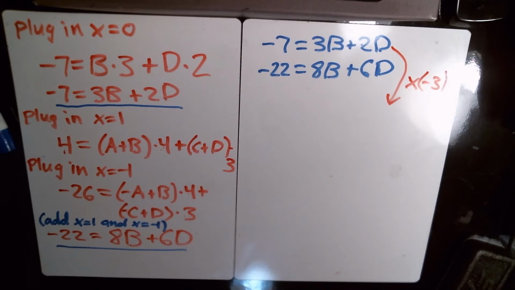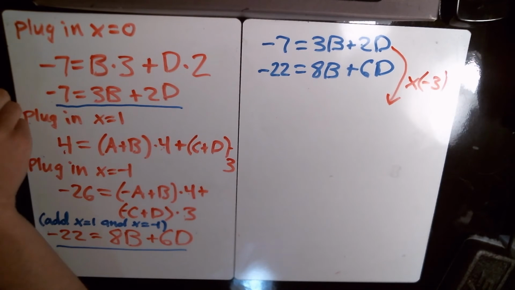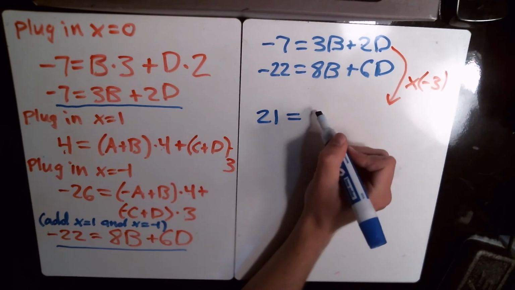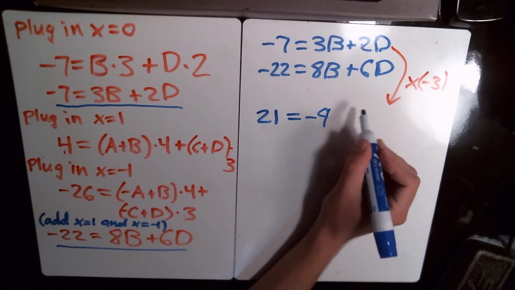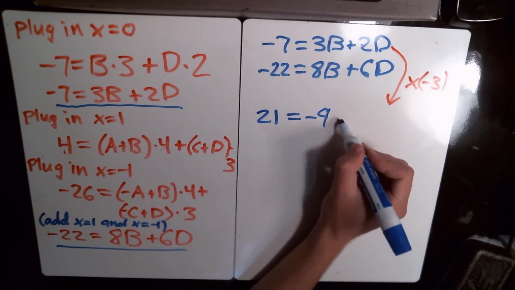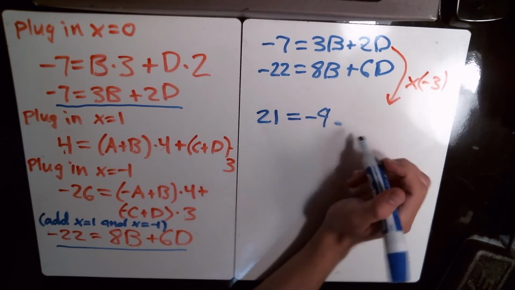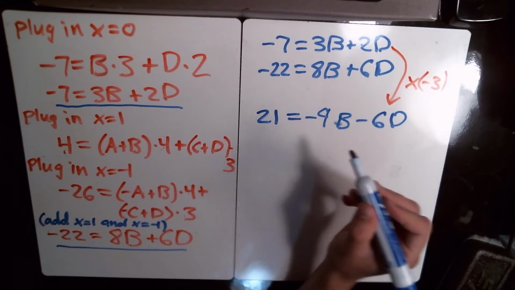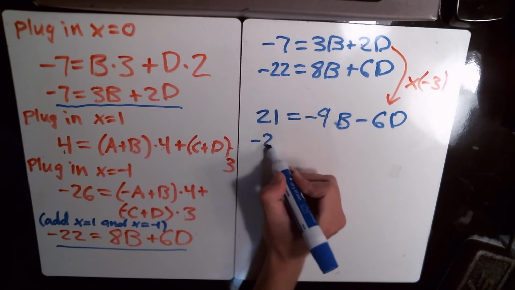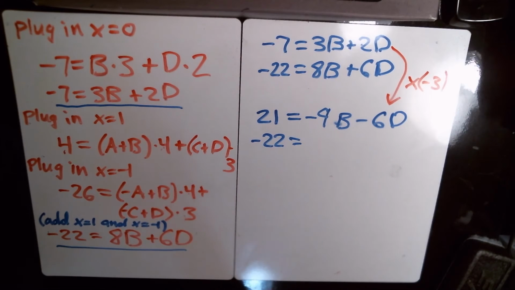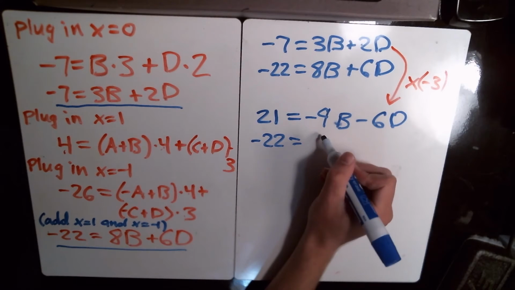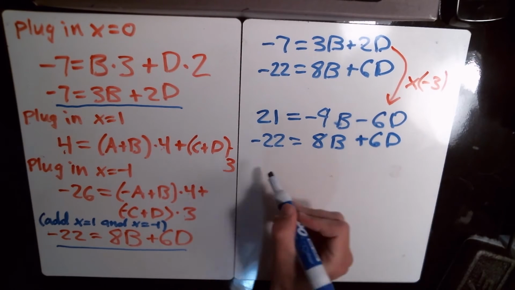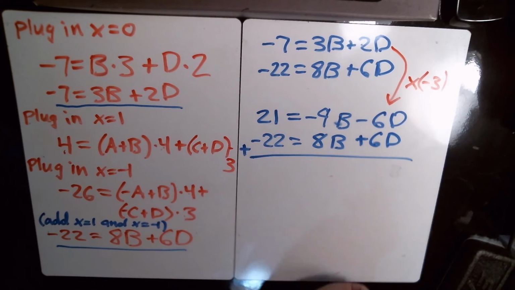Times by -3 through the top, and we get 21 is equal to -9, and then negative 9b minus 6d, and then we've got negative 22 is equal to 8b plus 6d, and so then we can add these together.